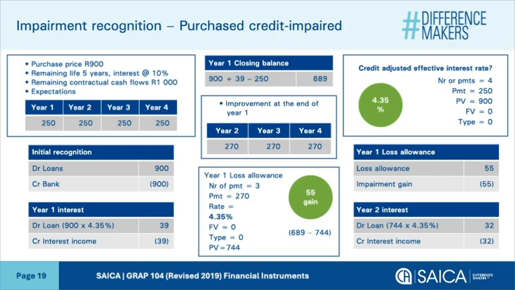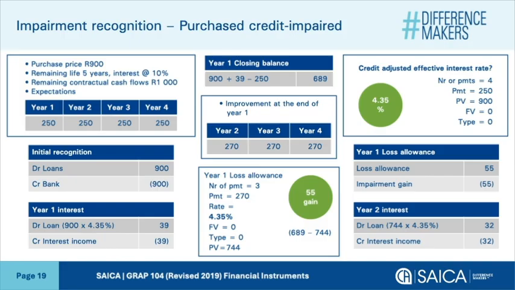The present value is 900 Rand because that is what we paid for it today. The future value is 0 and the type is 0 because it is not paid in advance. It is paid in arrears. That is an assumption that we make, and we calculate our interest as 4.35%.